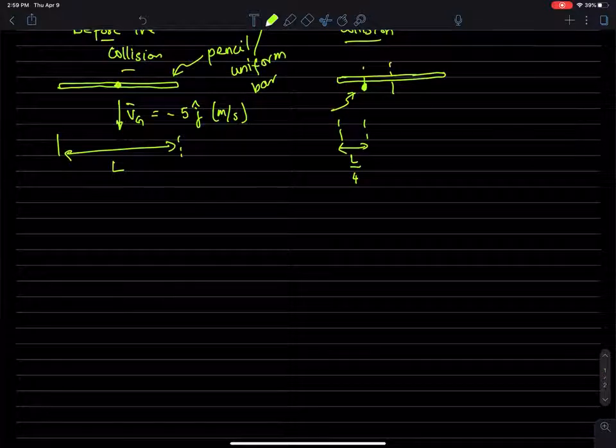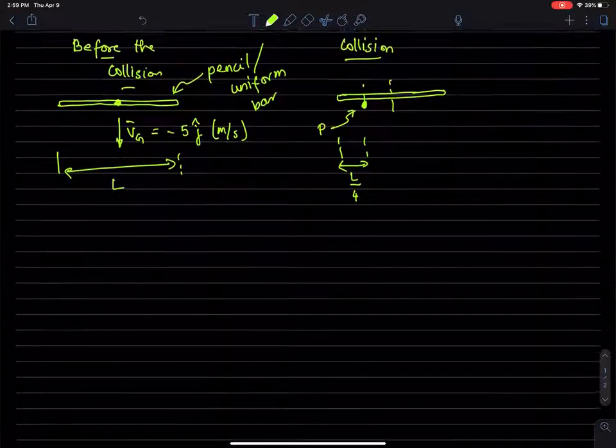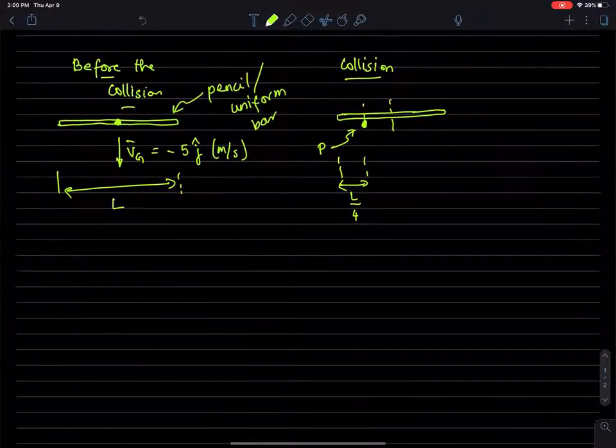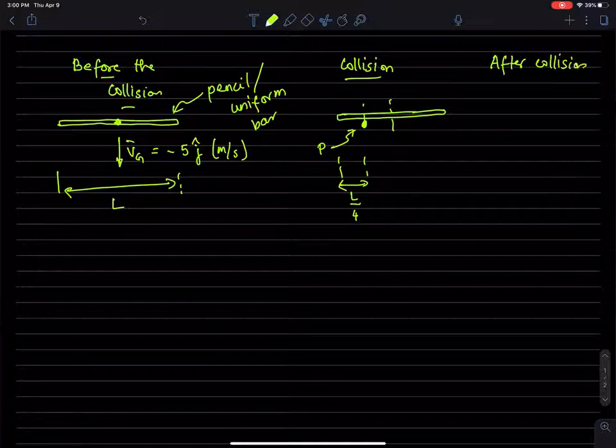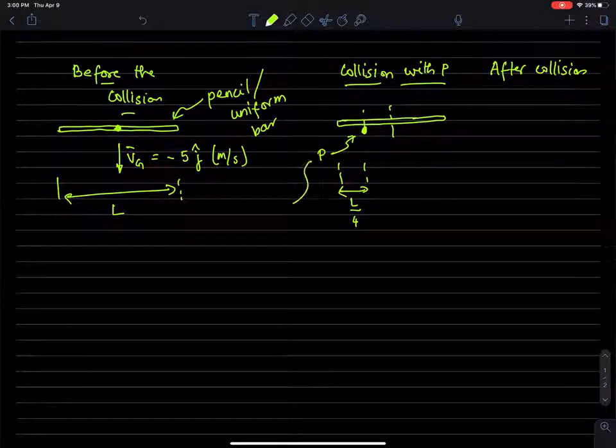This is some point P, and then after collision, so P is some fixed point, fixed pivot.